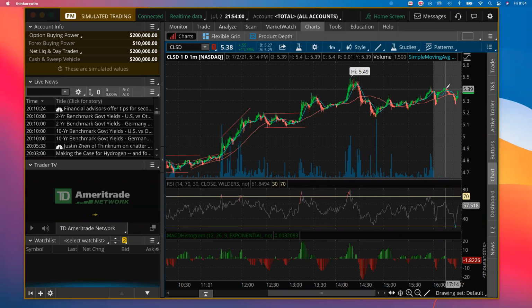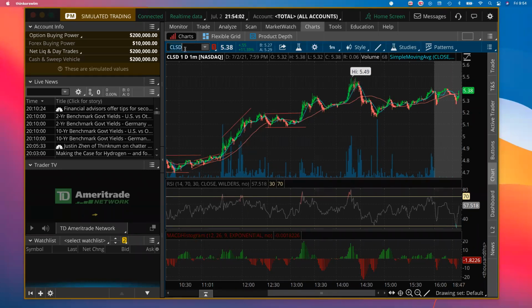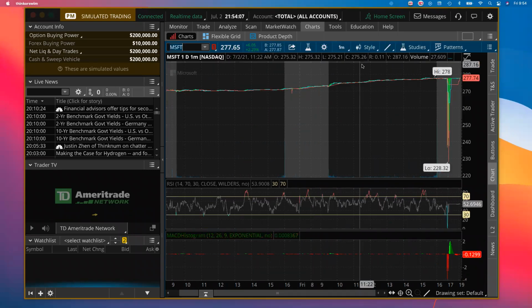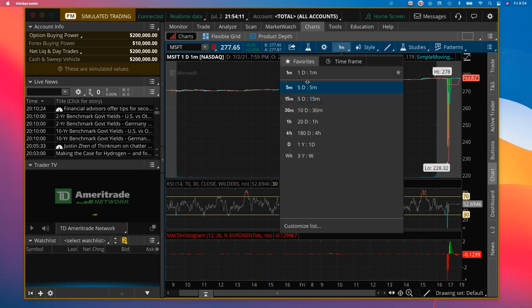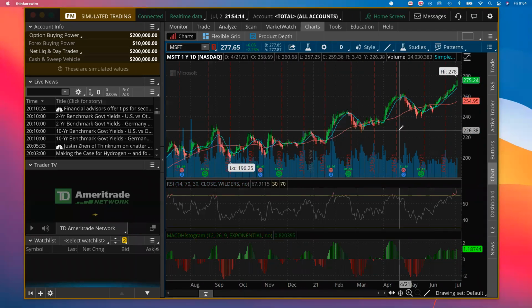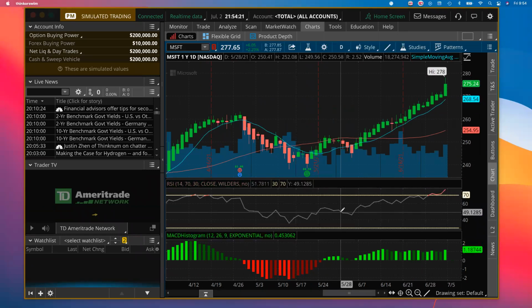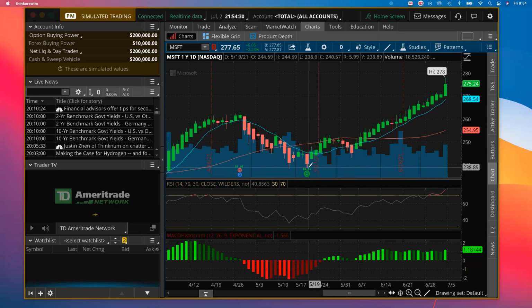I'll do one more, which is MSFT. Then I'll take any technical questions you guys might have. All right, so MSFT, it's been a steady uptrend since about June 20th.